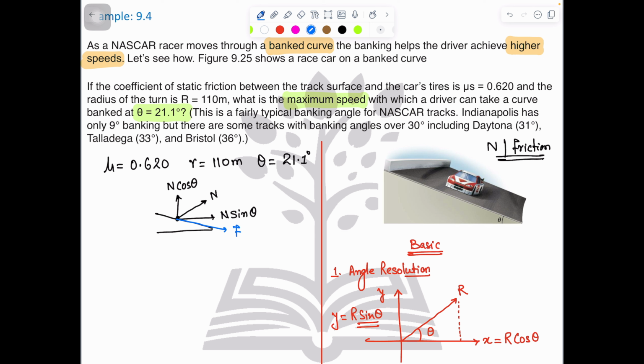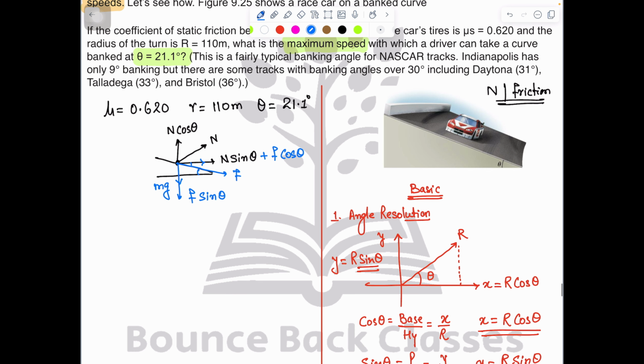This is your friction. So this will become your angle theta. So it will become your f cos theta, and the down factor is your f sine theta, and the other factor is mg. Clear, guys? Now you can solve them. So what is the first equation we have? First equation is mg plus f sine theta is equal to n cos theta. Clear? Okay.